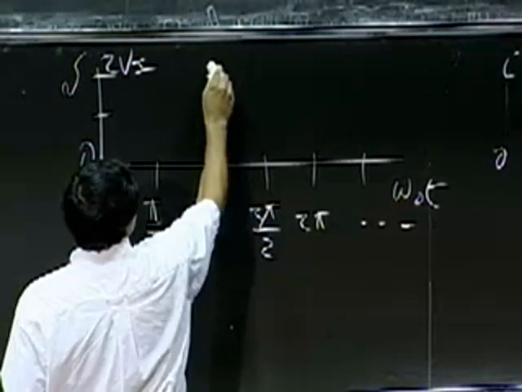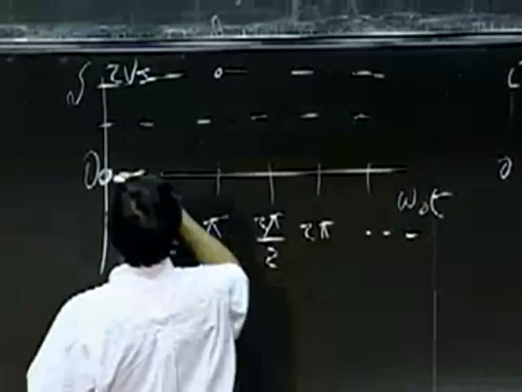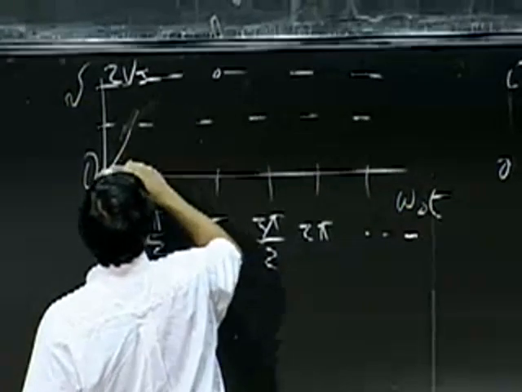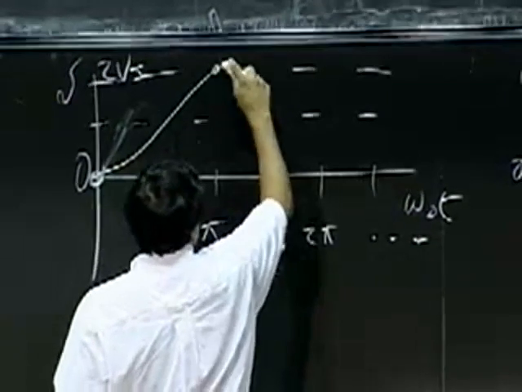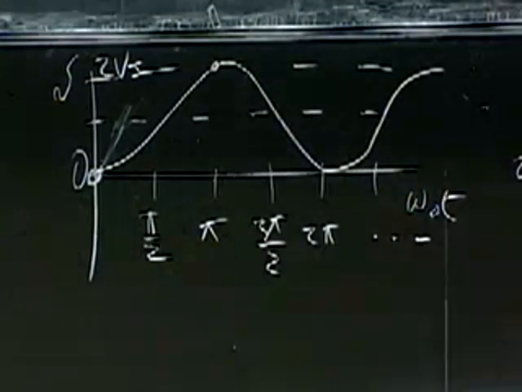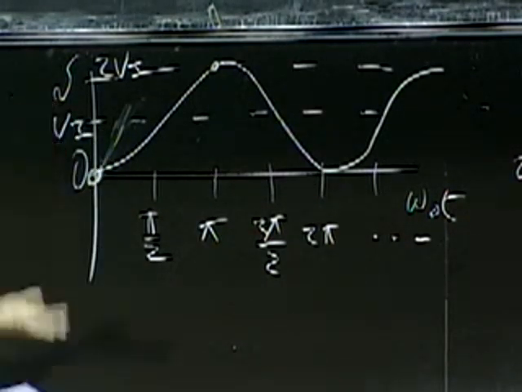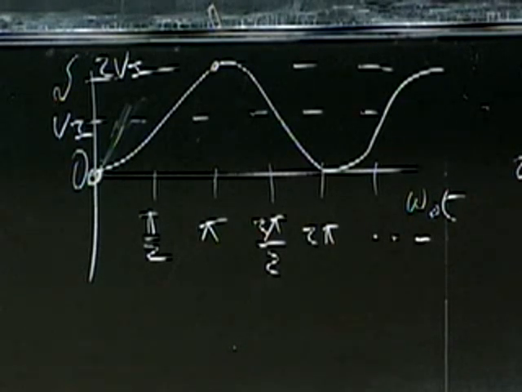So at this point the voltage is here, and this looks like this. It's a cosine that is translated up so that its mean value is not 0, but VI. It's just a translation up of a cosine.